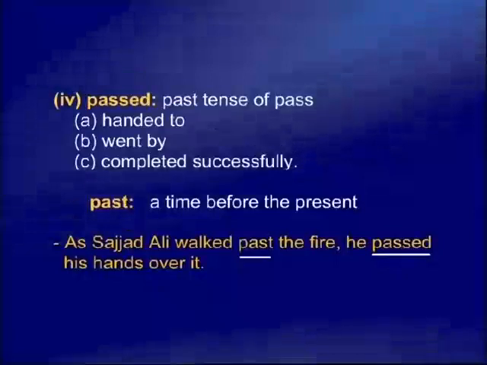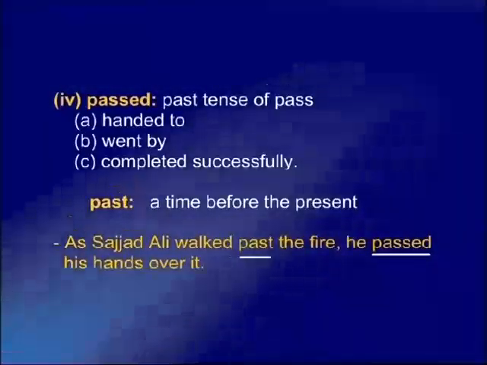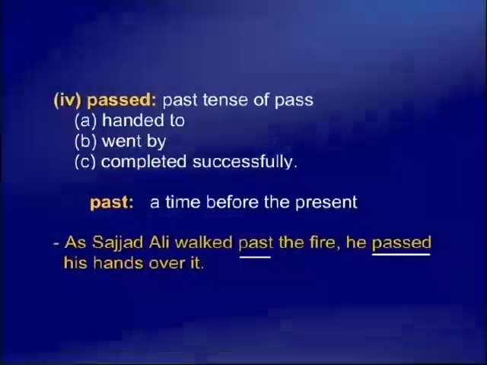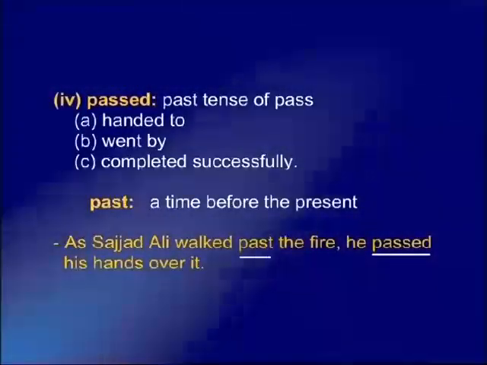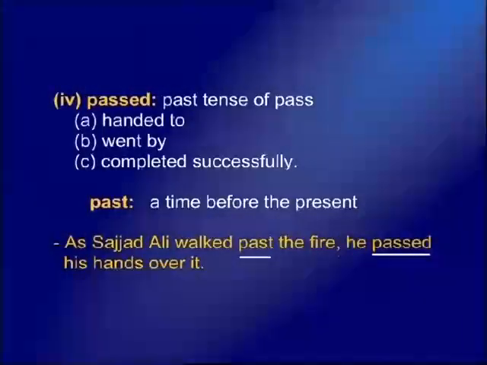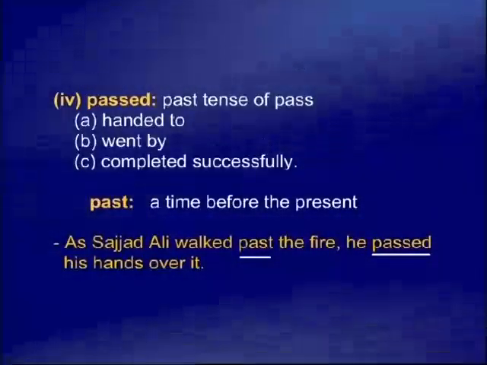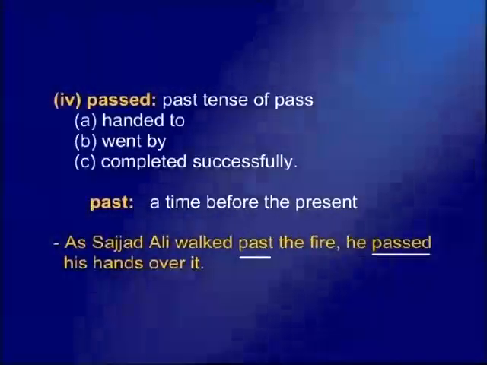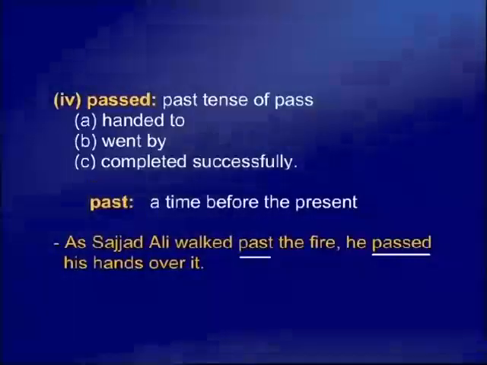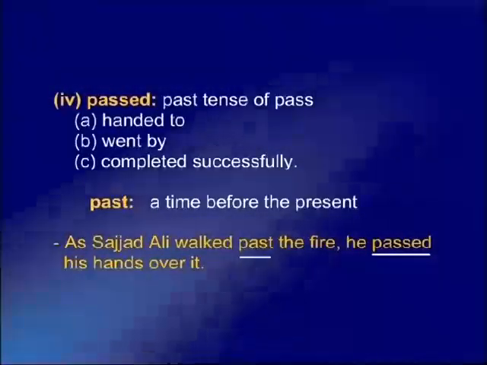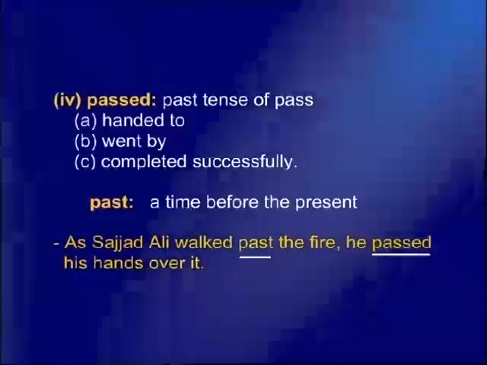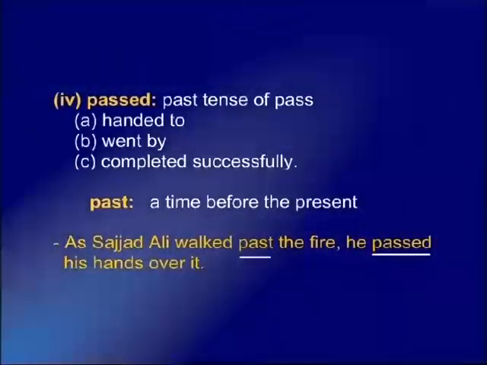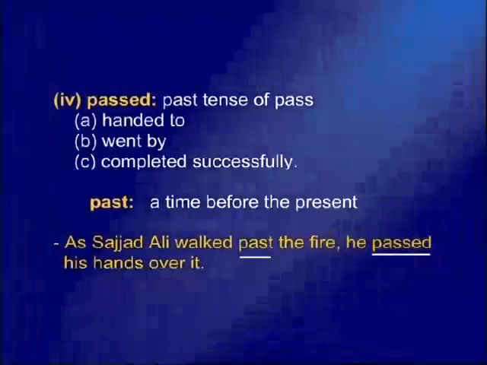When you pass something to somebody, he passed me the ball. Number 2, went by. He went past the rose bush. And number 3, it also means to be completely successful, or to complete something successfully. He passed the exams. And the word past, P-A-S-T, means time before the present.